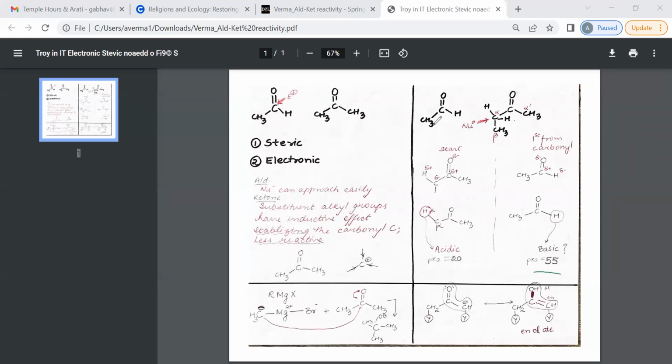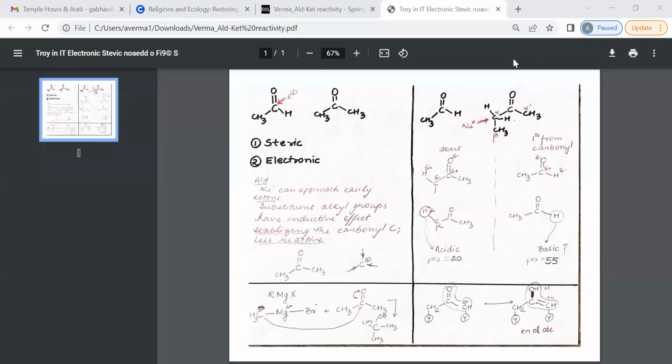If you do not remember the pKa values, that's completely fine as well. What you can remember is the relationship of carbonyls. When you have a carbonyl carbon, it is electrophilic. It is electron poor, whereas oxygen is electron rich because of its electronegativity.